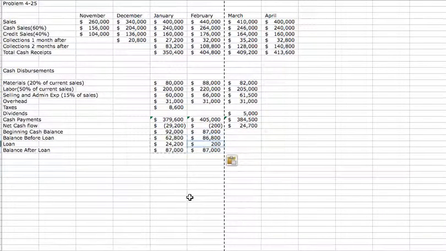And you can see that we're going to have to borrow another 200, but then 87,000 is our beginning cash balance here. We add to our bank account and we pay off our loan in full in March.